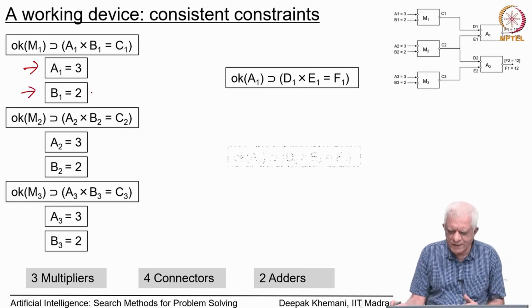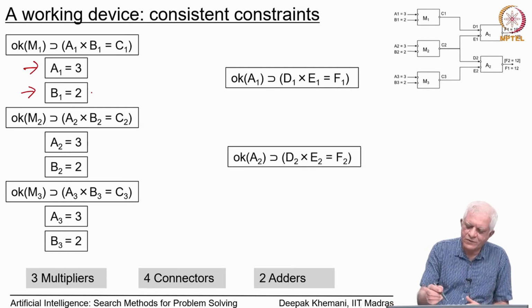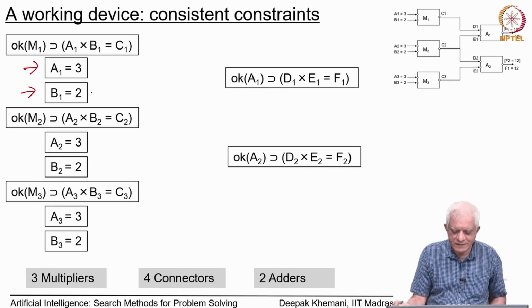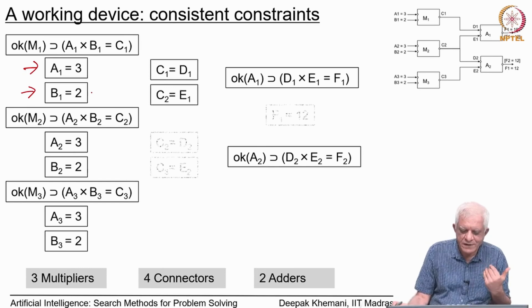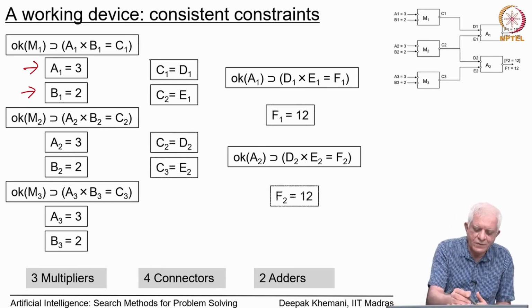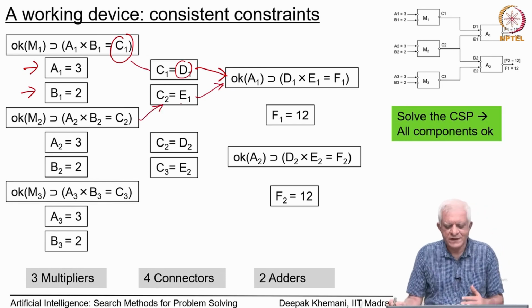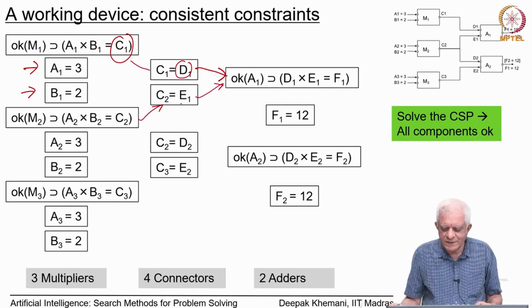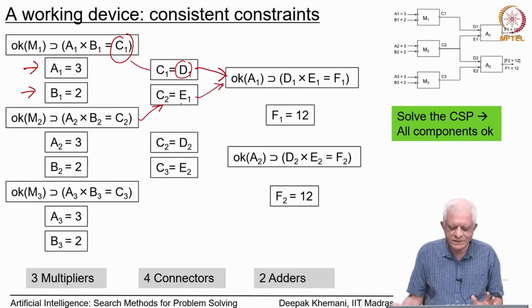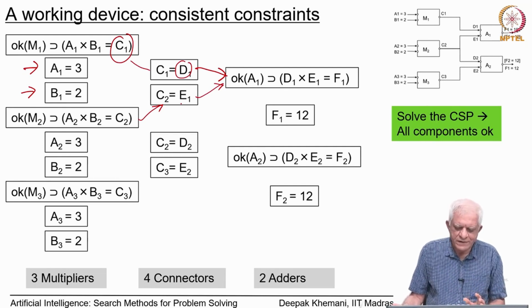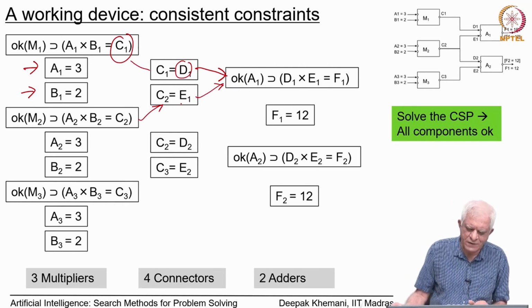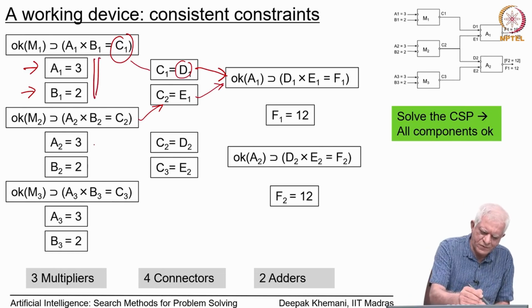Then we have the two adders, which are described in a similar way by two constraints, and then we have the connectors, which say that the output of this multiplier goes as input to this adder, and the output of this multiplier goes as input to this adder essentially. That is what we are seeing. And then this is the constraint system. If you solve it, so remember that apart from the fact that we have described the device model, we have also described the input to the model here.